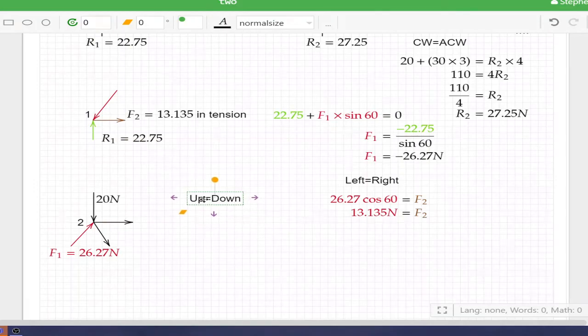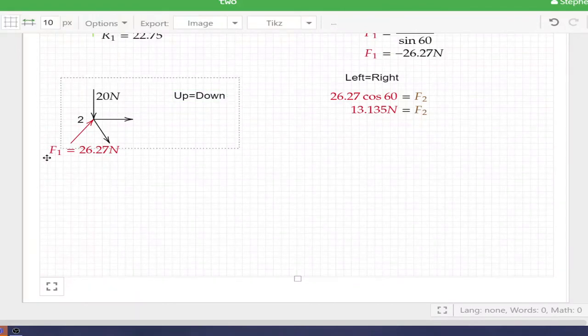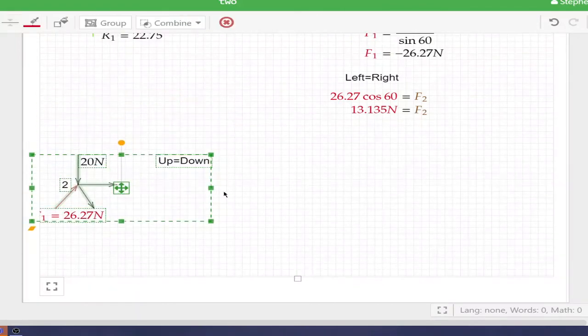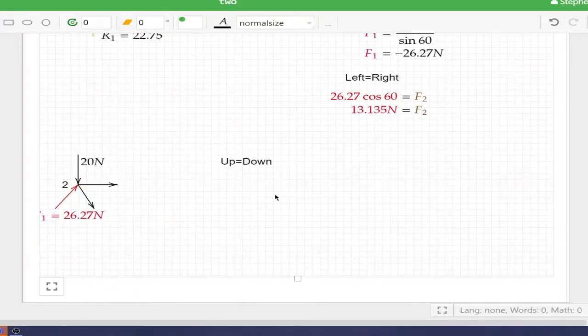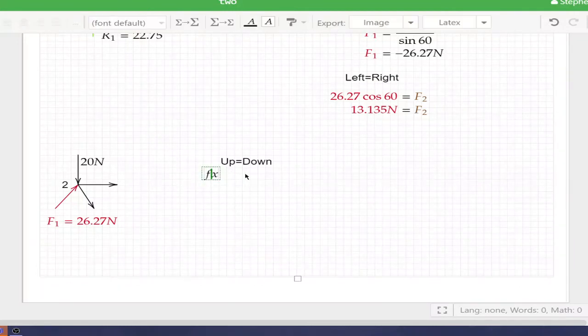Let's drag this over here and move down a little bit to make sure we've got space. So we're saying up equals down. What have we got going up? Well, going up, we've got the vertical component of F1 right here. So let's put that in an equation, dead quick.